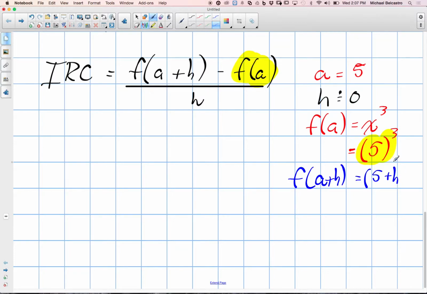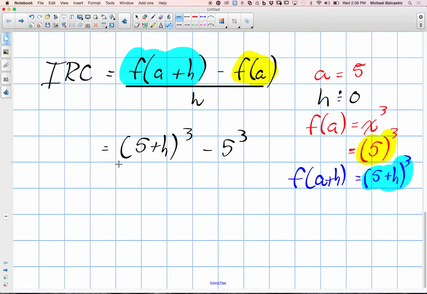We haven't chosen a value for h yet, cubed. Okay? And same idea, let's do that in blue. We're going to plug this value in for this part of the equation here. Okay? And h, we still don't know what it's going to be, so we're gonna choose that after. So we end up with our bracket 5 plus h cubed minus 5 cubed, all divided by h.